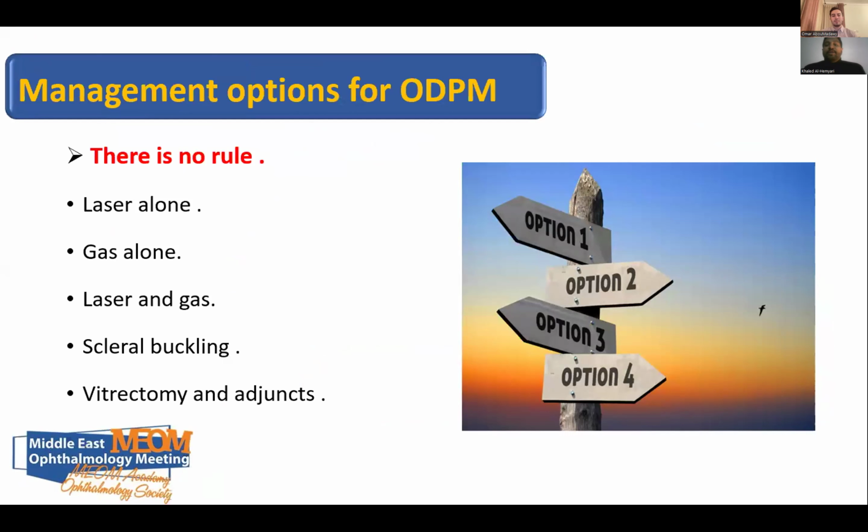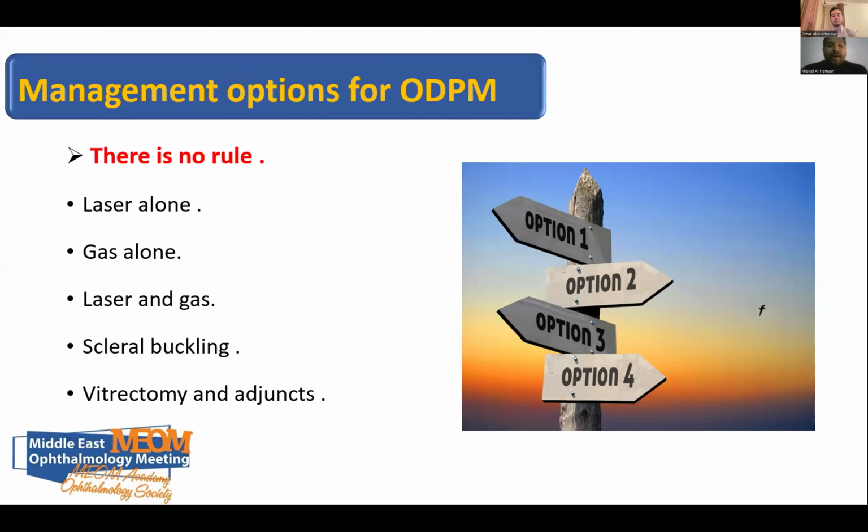So what are the management options that we have in such cases? Actually, there is no standardized management in such cases. But according to previous research papers, previous surgical trials advised laser alone, gas alone, or both laser and gas.